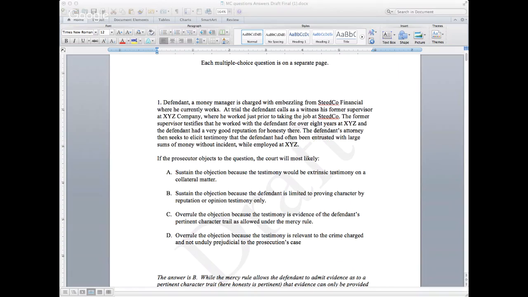Now, particularly when we're talking about evidence and Professor Valentine, there's a lot that she triggers in her questions. She likes to give you questions that make you think about a whole host of topics while you're reading through the question. So I suggest you read the call of the question because it narrows your focus to exactly what she's looking for, and it'll be harder for her to trick you with things that trigger other doctrine.